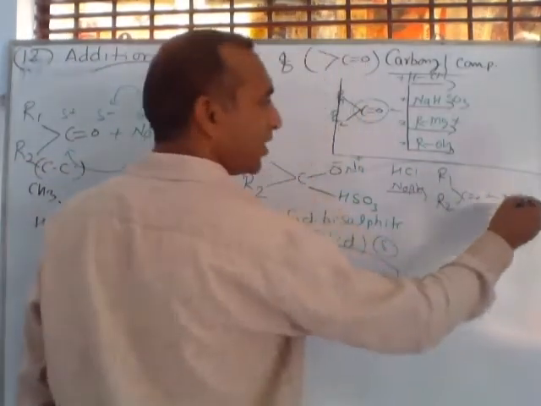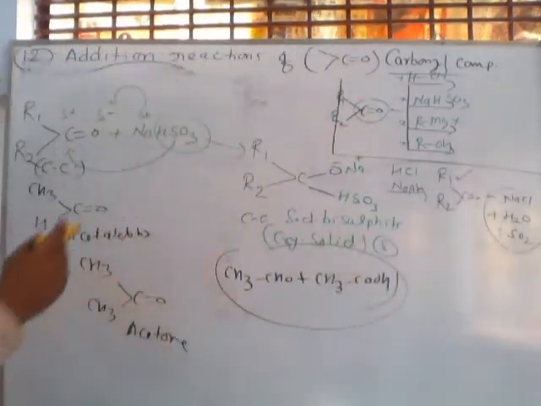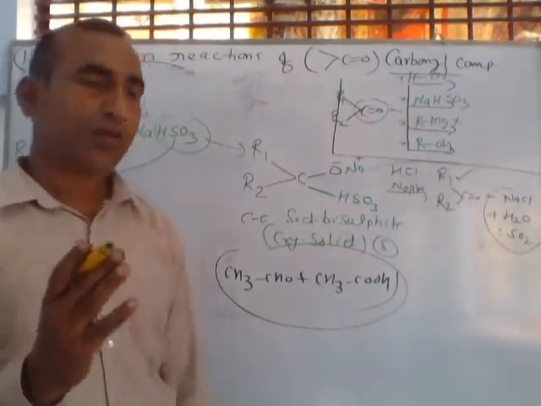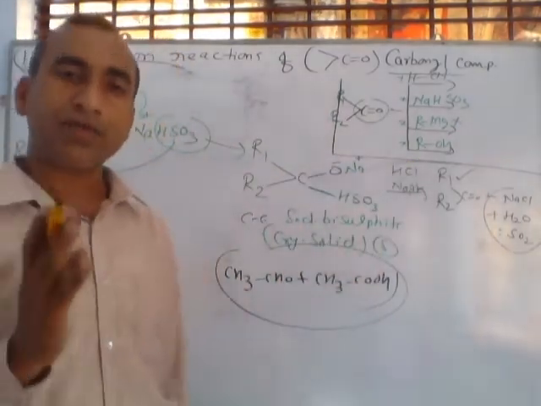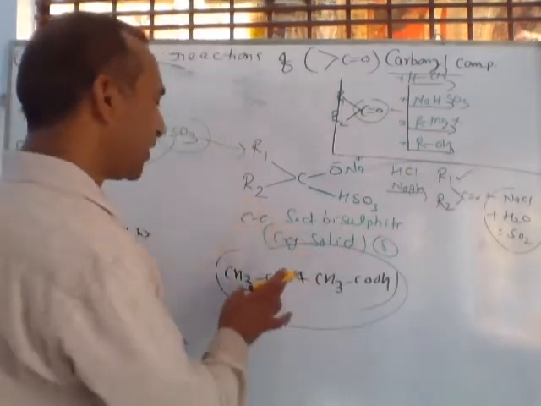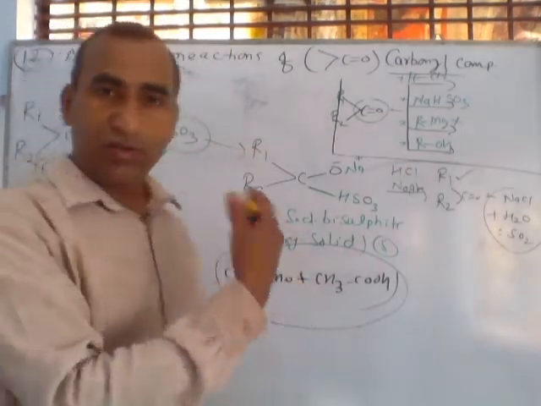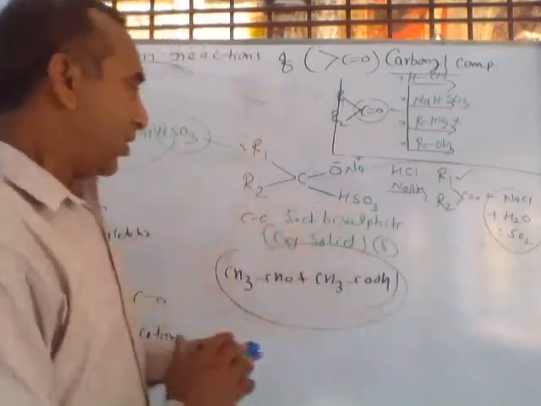These products are removed. These are side products. Our main reactant is obtained in pure form. So we use this reaction for distinguishing as well as for separation, meaning we can separate a carbonyl compound from those compounds which do not have a carbonyl group.